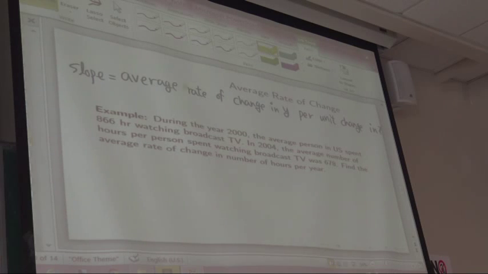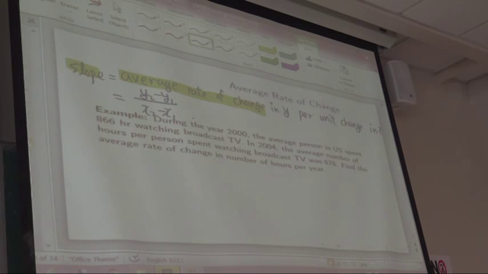So the slope is basically the average rate of change. And we define this as y2 minus y1 over x2 minus x1. And that is the average rate of change.